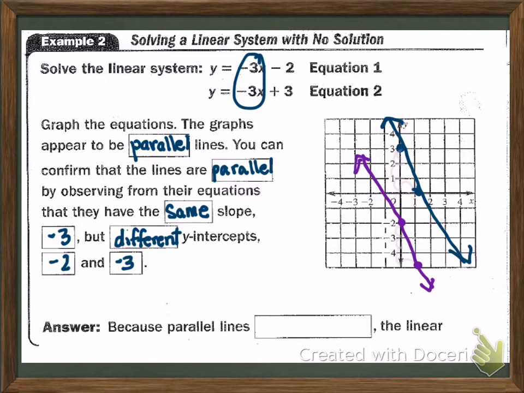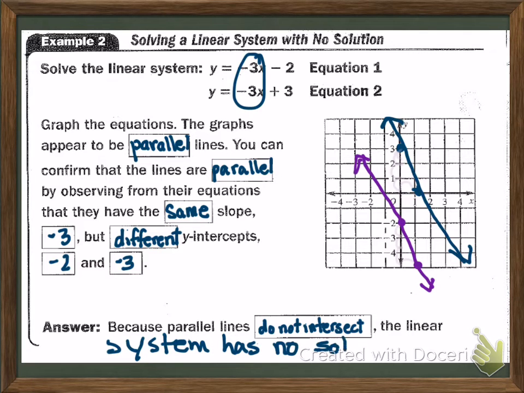Because parallel lines do not intersect, the linear system has no solution. Because the solution would be where they meet, and since those parallel lines never meet, there is no solution.